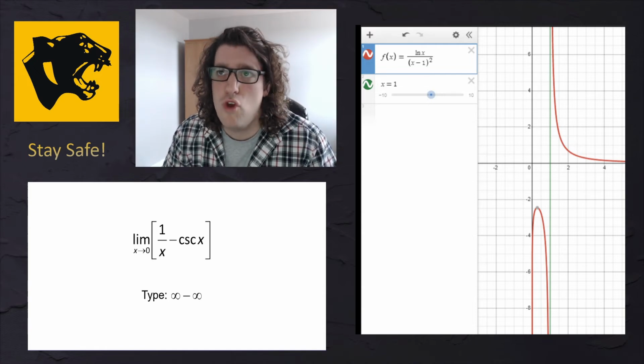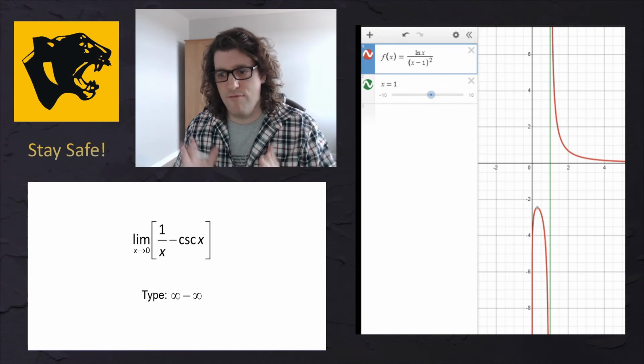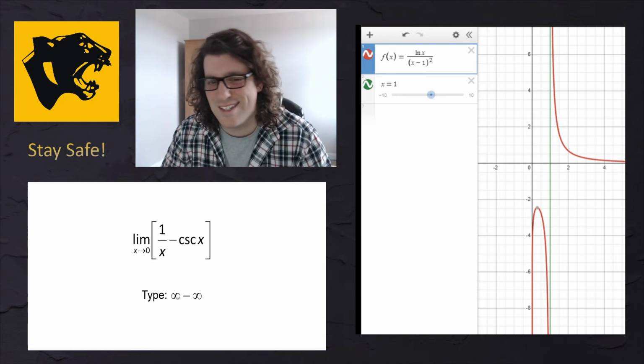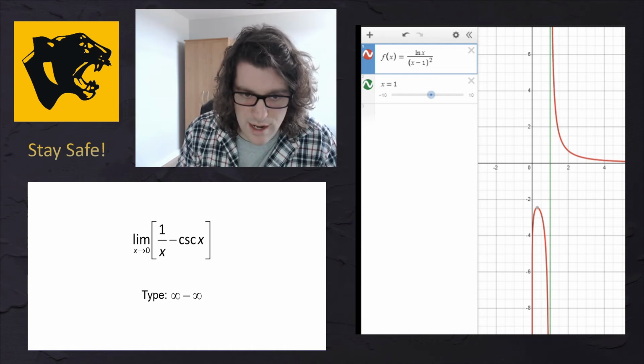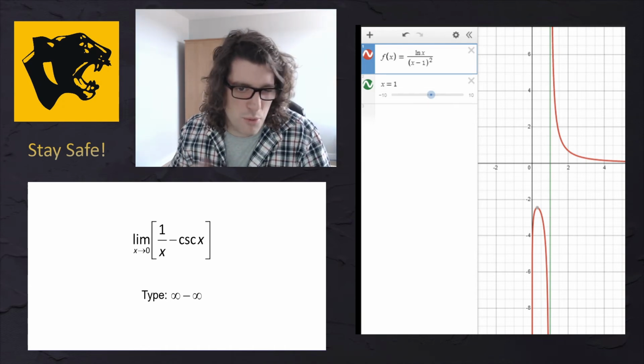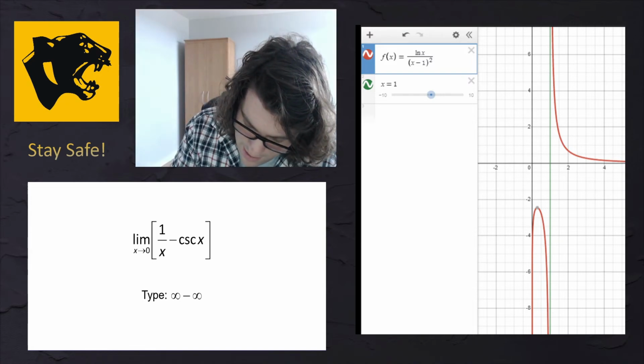You might not know that, again, depending on whether you're coming in at this thing from the left or the right, the cosecant of x is going to veer off toward positive or negative infinity. So I should probably fix that to being the limit as x approaches 0 from the right, for instance. That's the way that I'm going to write it down here.